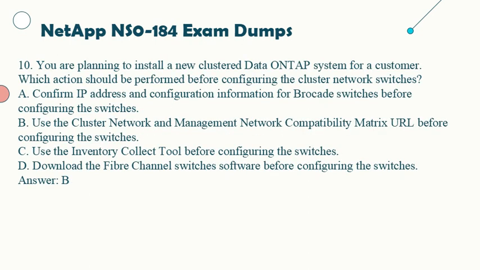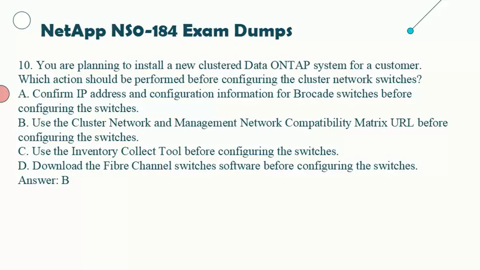10. You are planning to install a new clustered data ONTAP system for a customer. Which action should be performed before configuring the cluster network switches? A. Confirm IP address and configuration information for Brocade switches before configuring the switches.